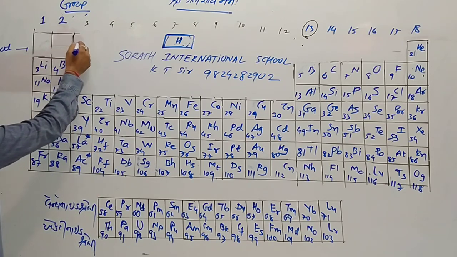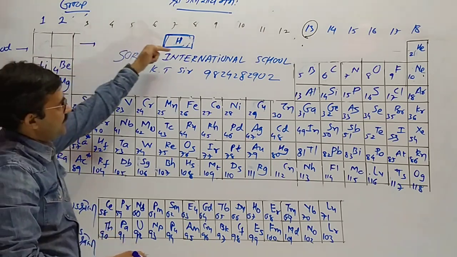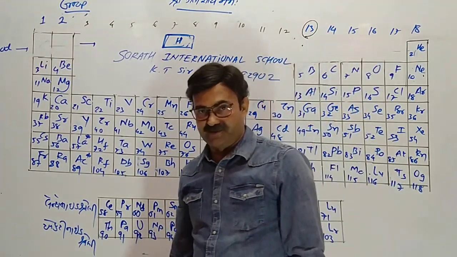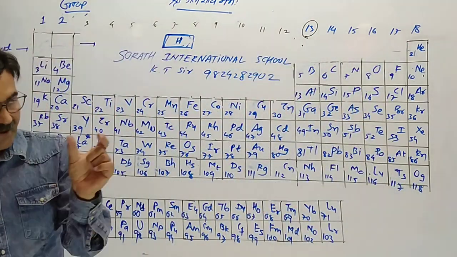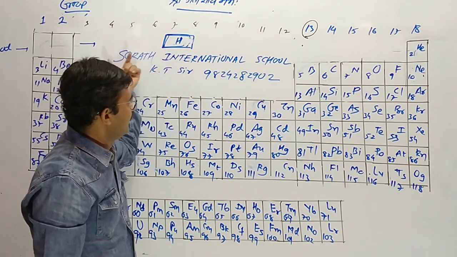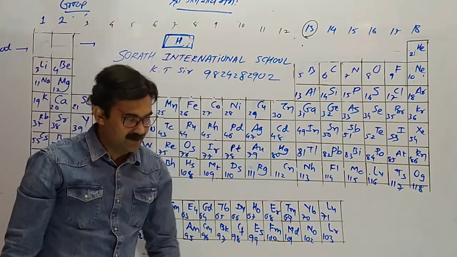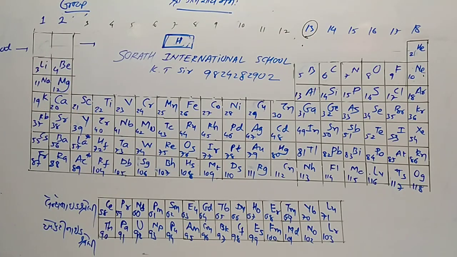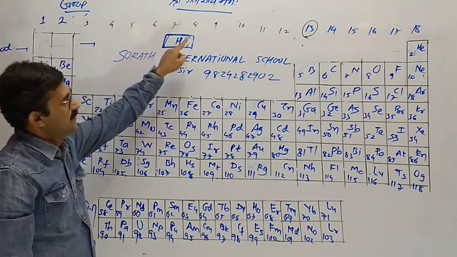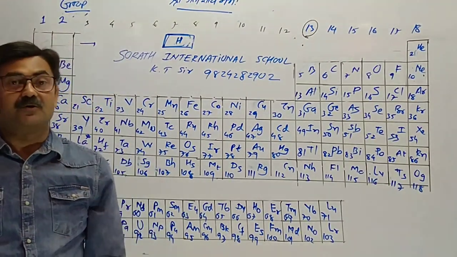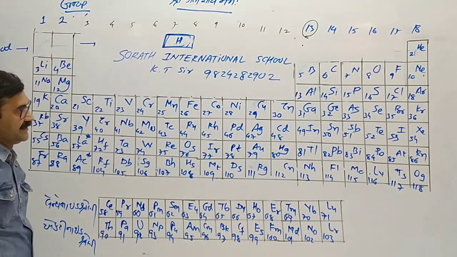So hydrogen comes in the first period, but the group number is not fixed. So we are taking hydrogen in the middle of the first horizontal line.